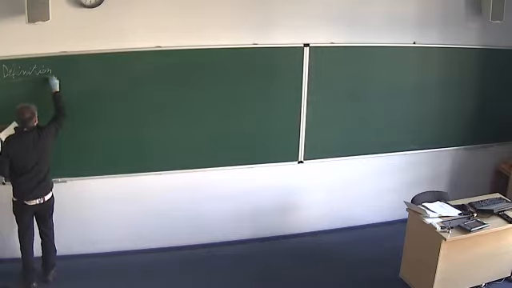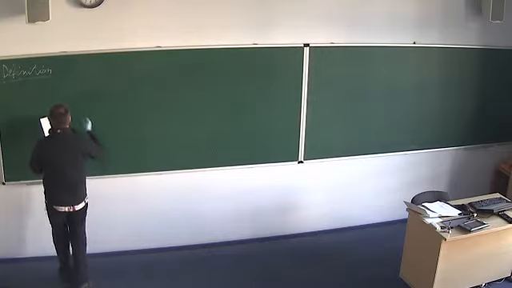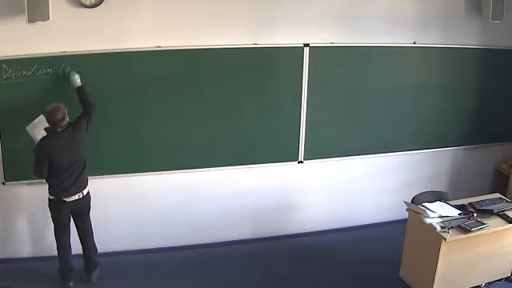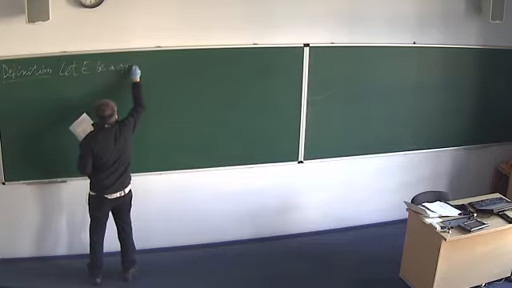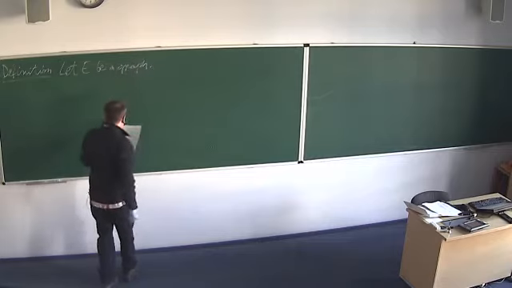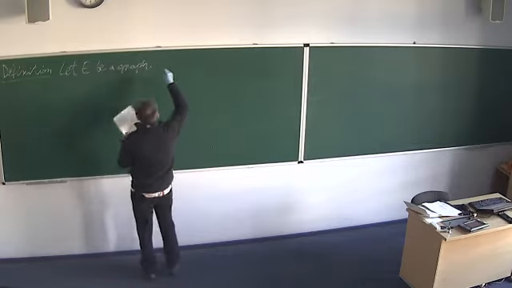Okay, so for starters, I need a definition of an unoriented, undirected path. Okay, so let E be a graph, as usual. An undirected finite path.